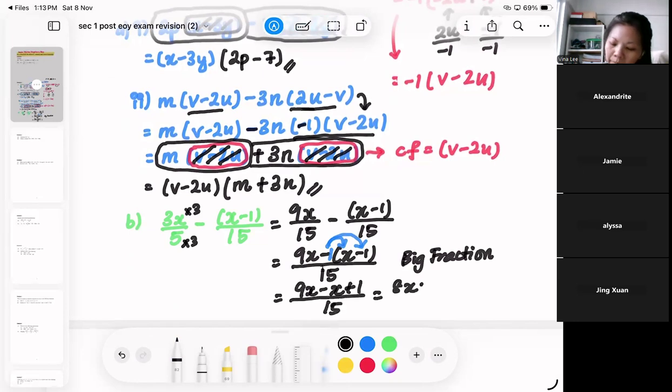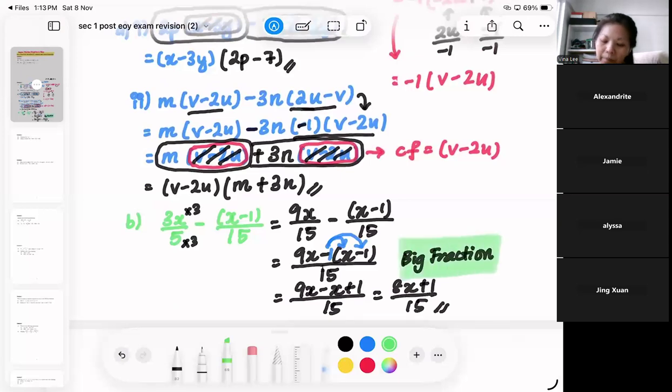Otherwise, you will end up making careless mistakes. We want to prevent sign errors. So what I want to remind you of is the bracket and the big fraction.